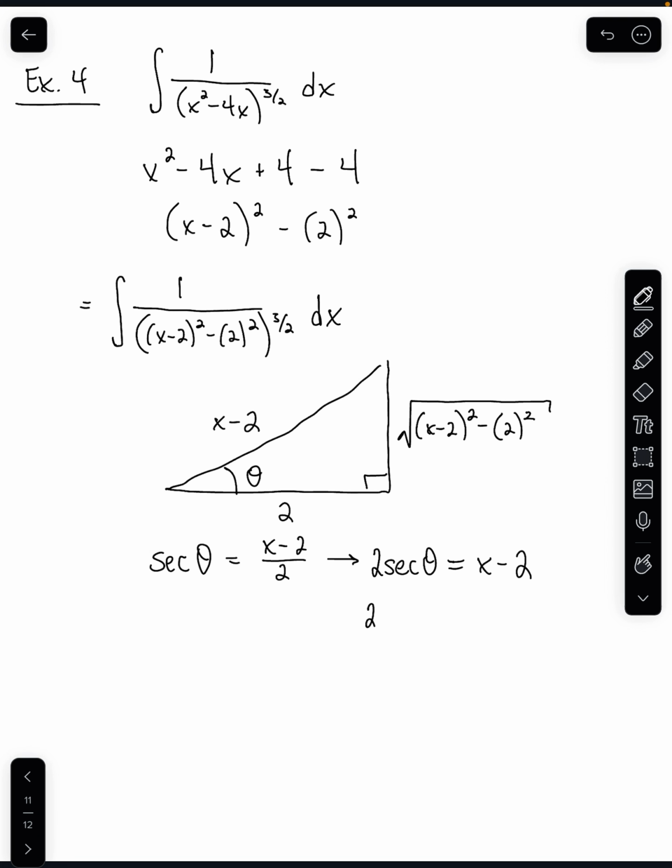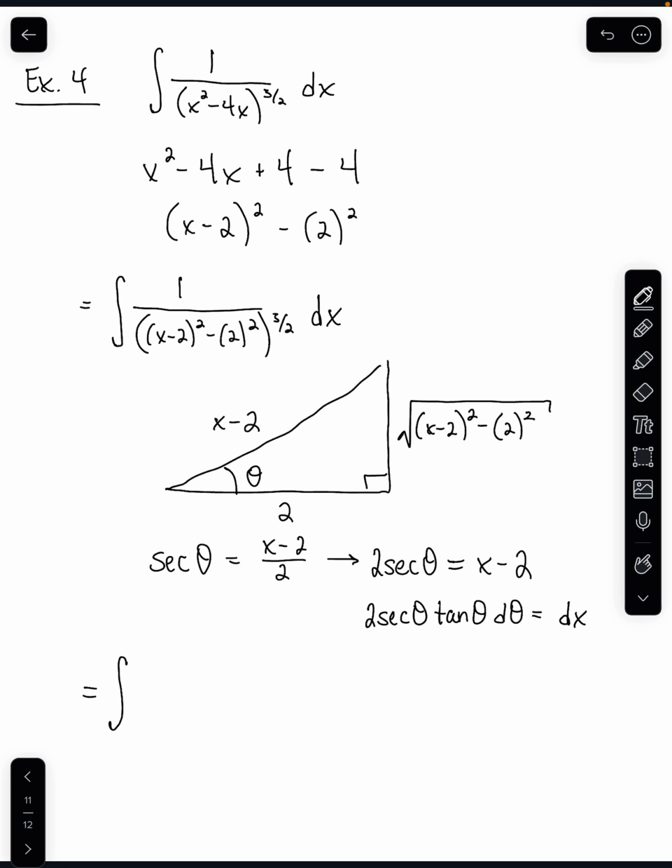Differentiating this then gives us 2 times secant theta times tangent theta, d theta, is equal to dx. Again, the derivative of the minus 2 is 0, so it is not of any concern here. And now we are prepared to continue to integrate this.